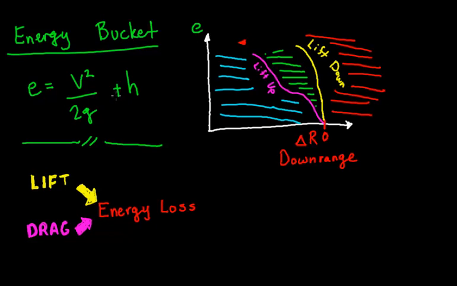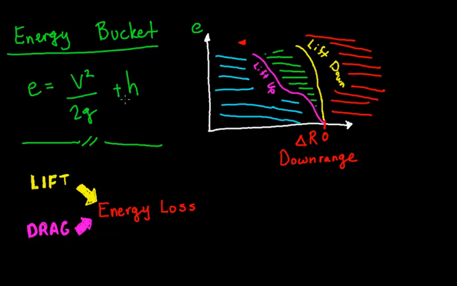You can kind of tell, when you're going really fast in outer space, this velocity squared term is going to be enormous, much larger than this altitude term. It's going to have a big altitude, but the velocity term is going to completely dominate the altitude term.